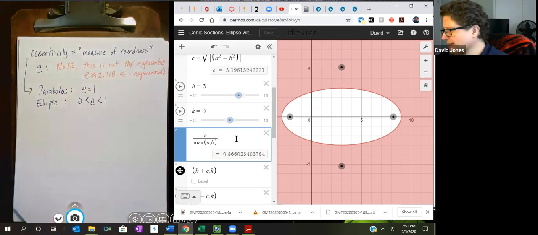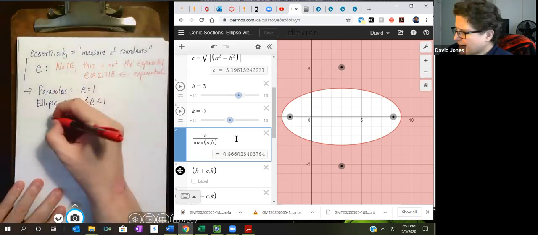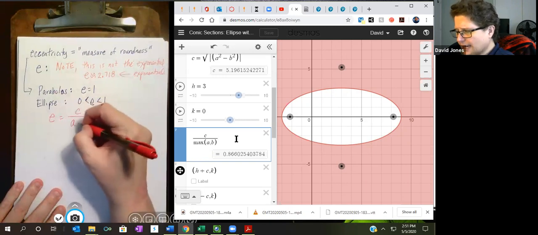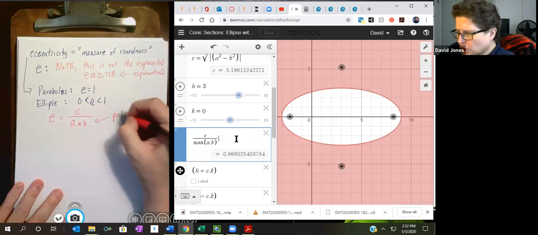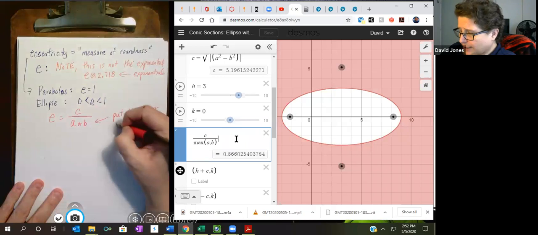And the way I did a and b for an ellipse, e equals c over a or b. And what we put here is the larger value of a or b.